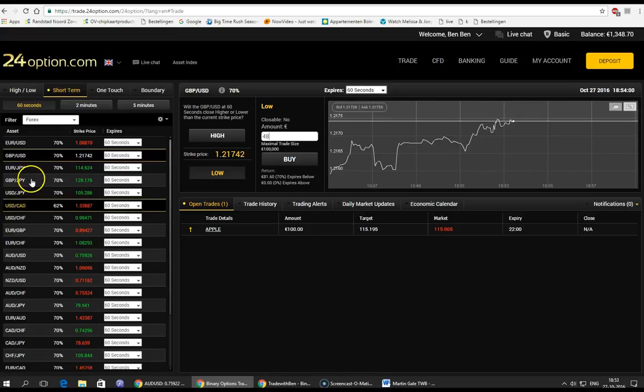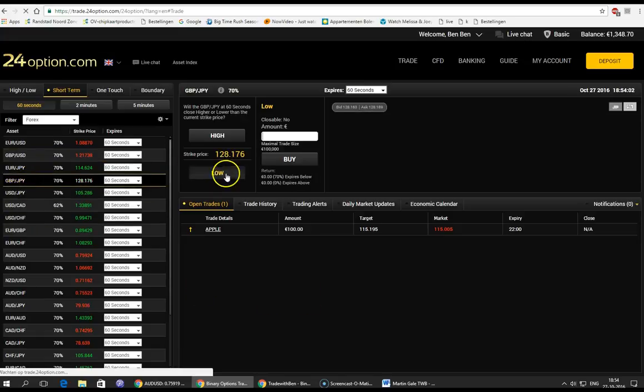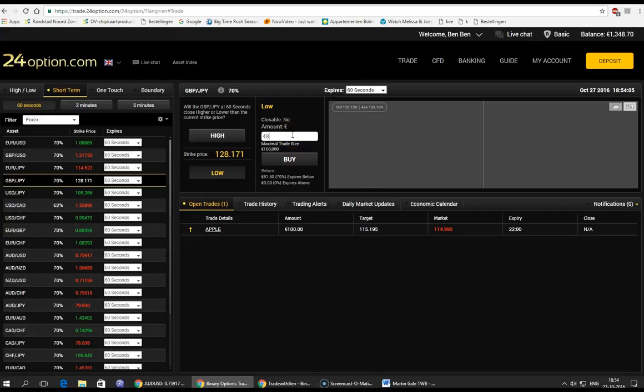GBP Japanese Yen broke the resistance very hard. Let's see what it's going to do. It's going down already, right? Yeah, it already went down.